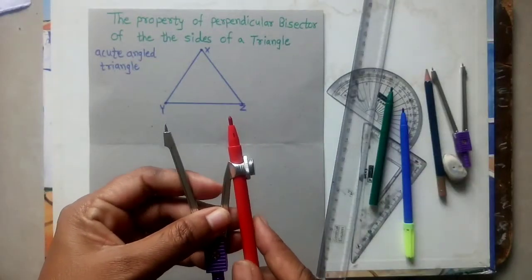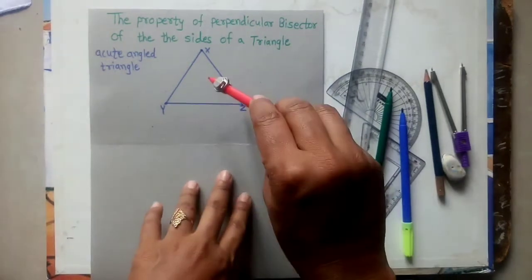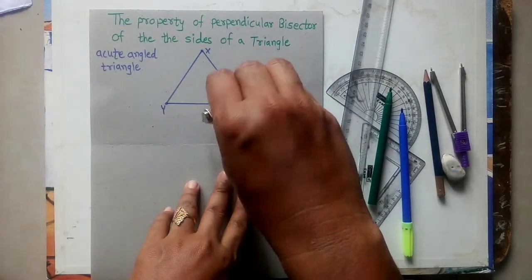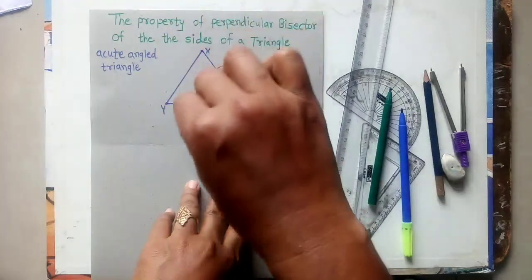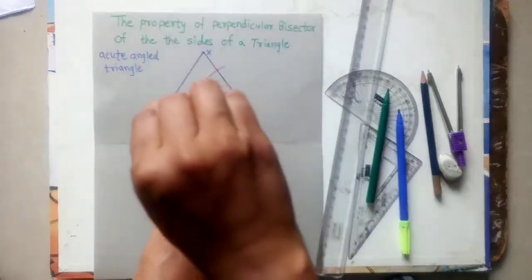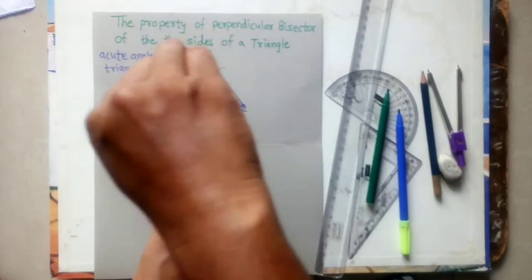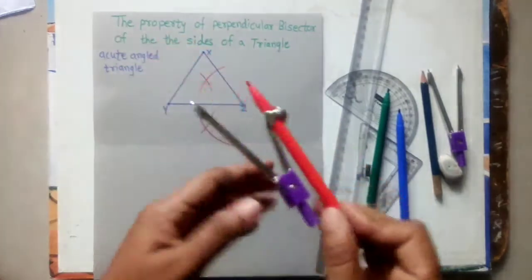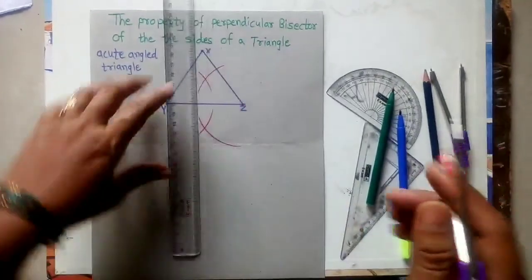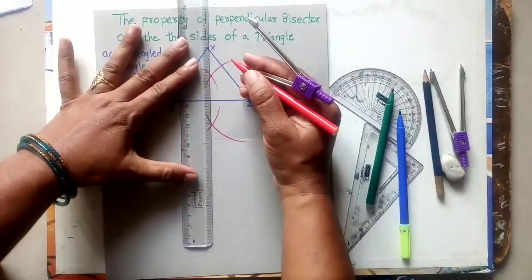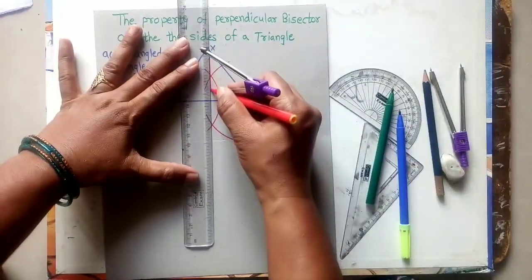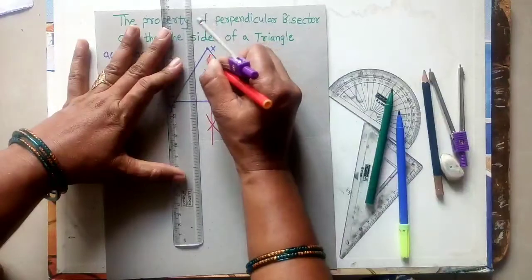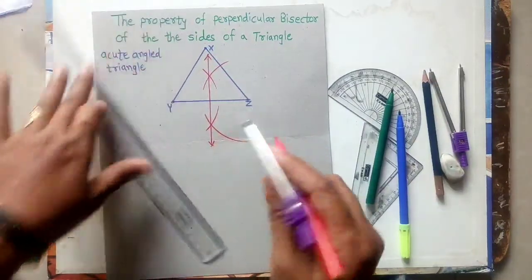The property of perpendicular bisectors of the sides of a triangle. Now I have used a compass and scale to draw a perpendicular bisector on each side of the triangle. First, I draw the perpendicular bisector on length YZ.